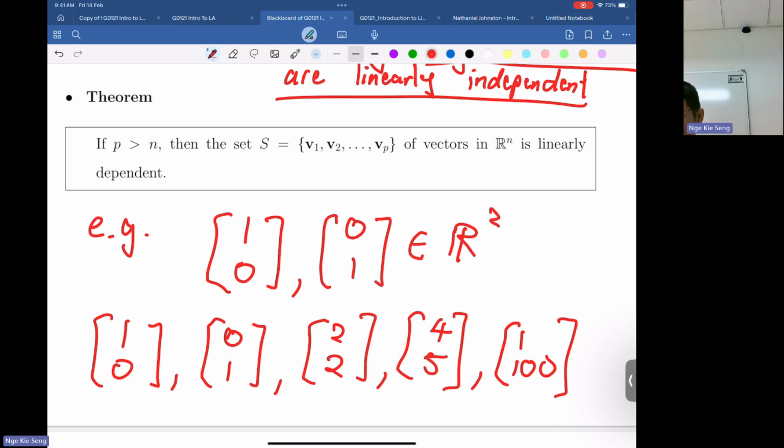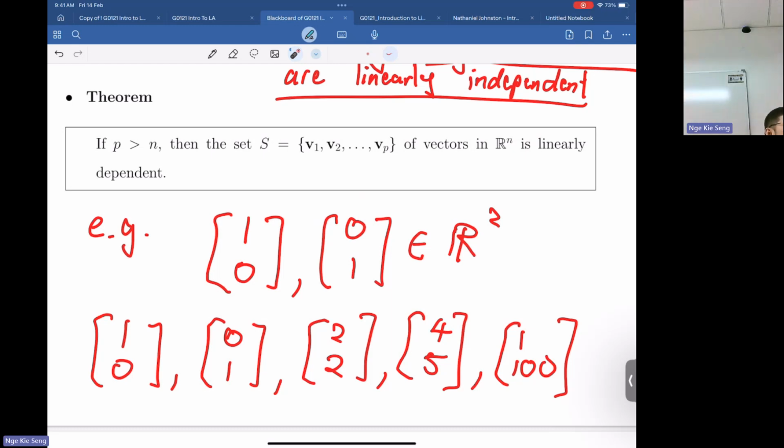You might be curious why this n has such a significant role here. p is quite normal because it's just the number of vectors, but why it has a relation with this n is actually quite interesting. Later we will define this n properly. Any other question before we jump to the next part?